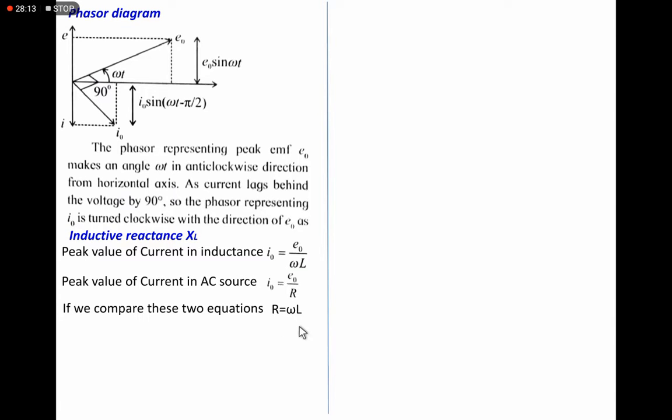Definitely this quantity in the inductive circuit opposes the current in the AC circuit, hence it is the reactance. This opposition to the flow of the current in the AC circuit is because of the inductance, hence it is inductive reactance.